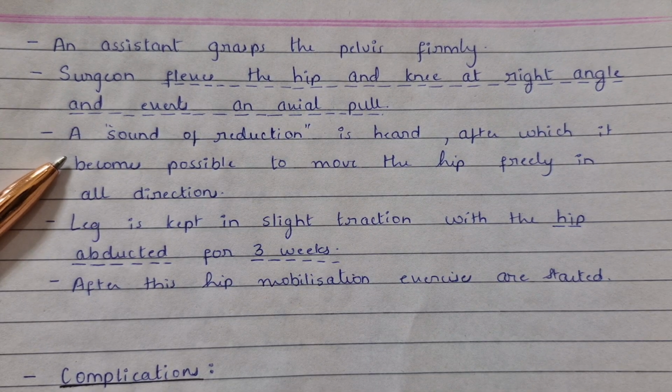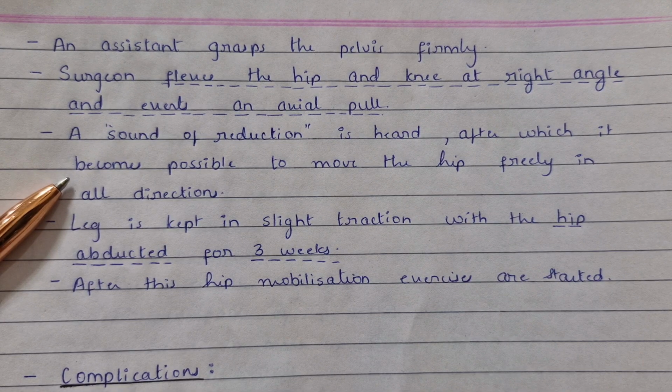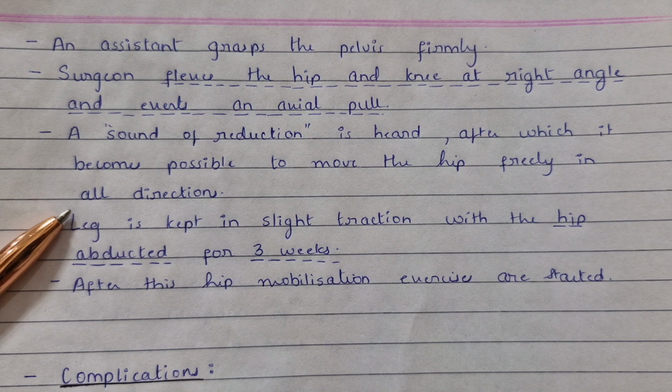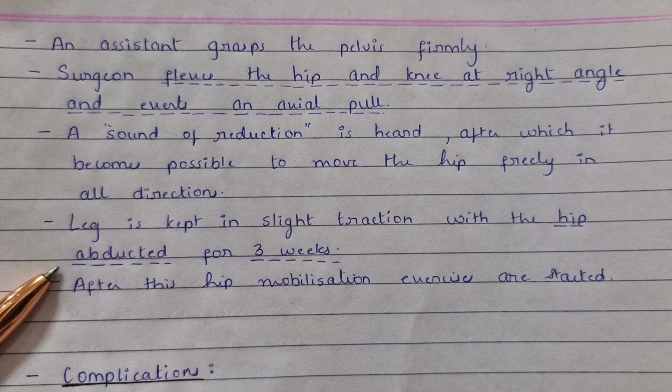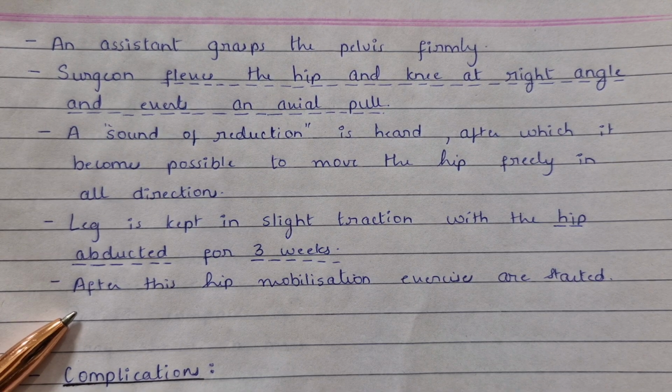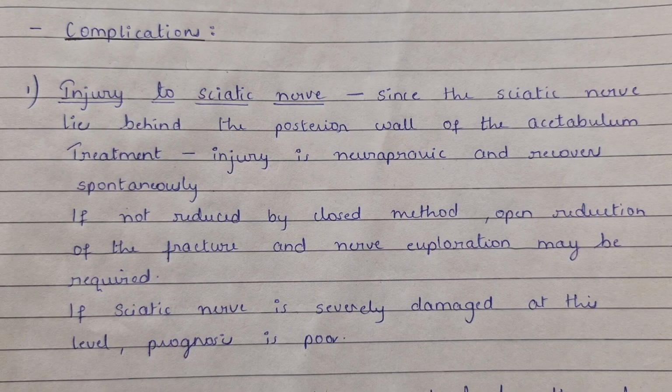A sound of reduction is heard, after which it becomes possible to move the hip freely in all the directions. The leg is kept in slight traction with the hip abducted for 3 weeks. After this, hip mobilization exercises are started.